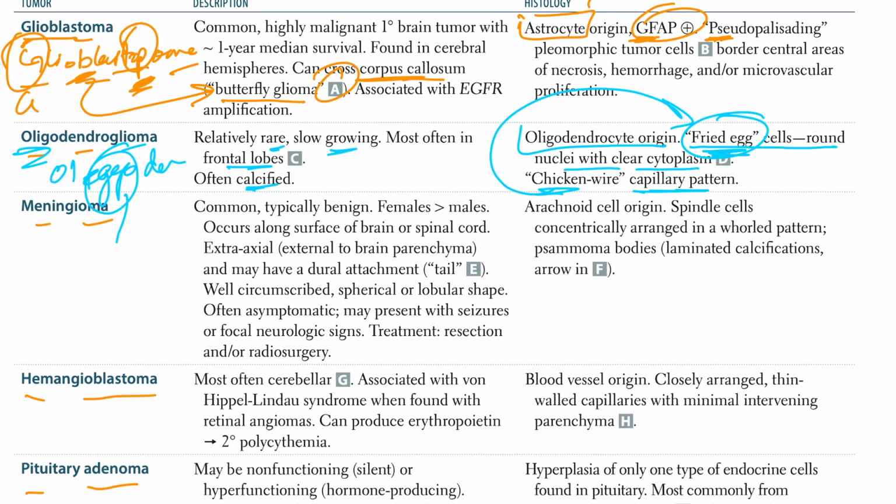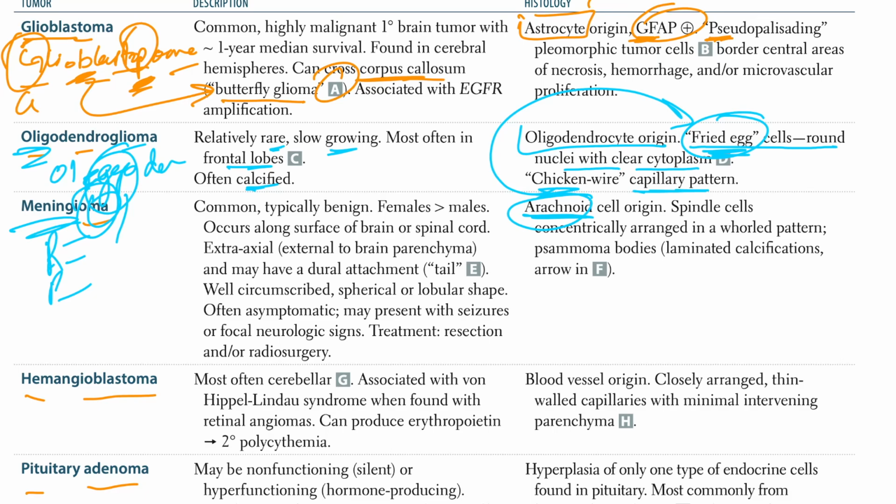Then next we have meningioma, coming from meninges, right? Which meninges? Arachnoid cell origin. If you recall, you had the meninges, right? All the PAD: pia mater, arachnoid, dura mater. So meningioma arises from arachnoid cell origin, which are the meningothelial cells.